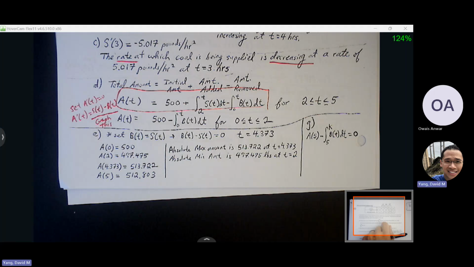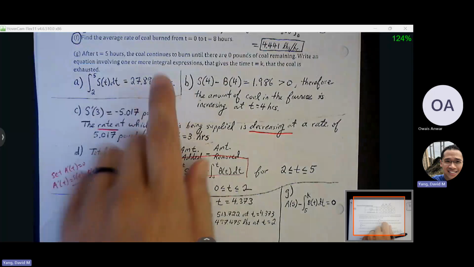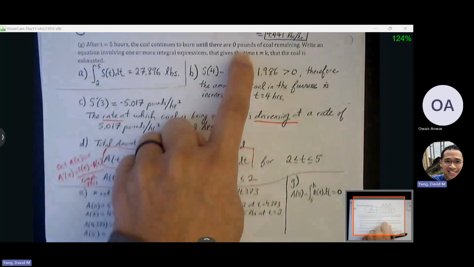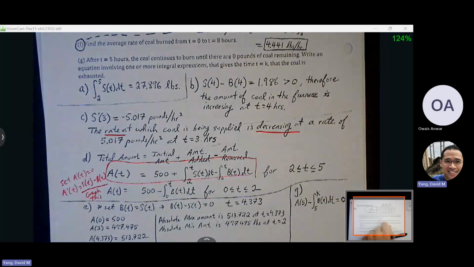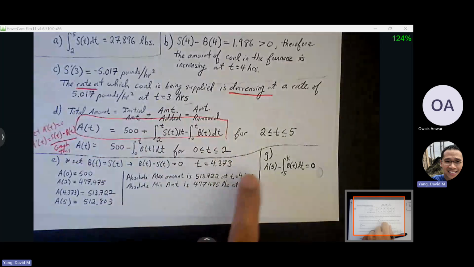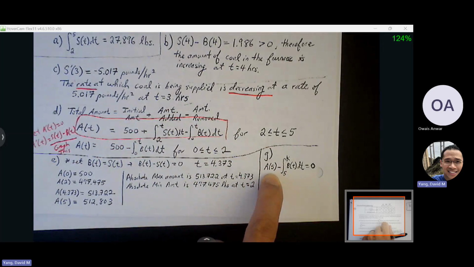For G, after 5 hours, coal continues to burn until there are 0 pounds of coal remaining. Write an equation involving one or more integral expressions that gives the time t as k that the coal is exhausted. So we know A of 5 is the total amount of coal that is left to burn off.